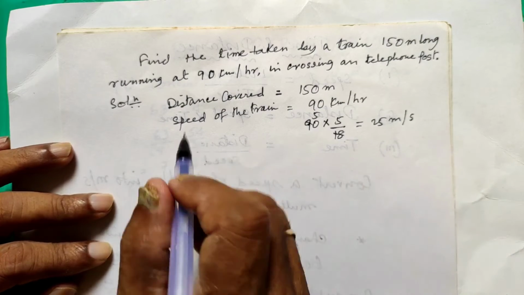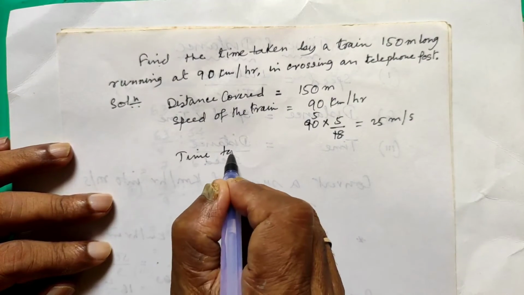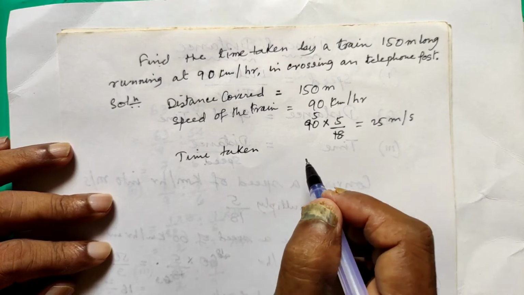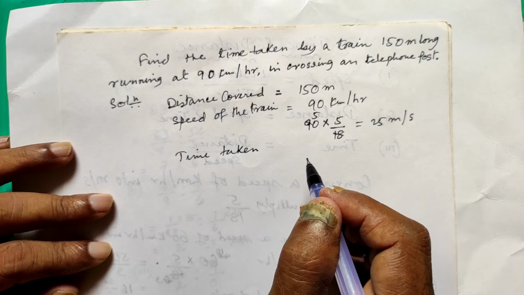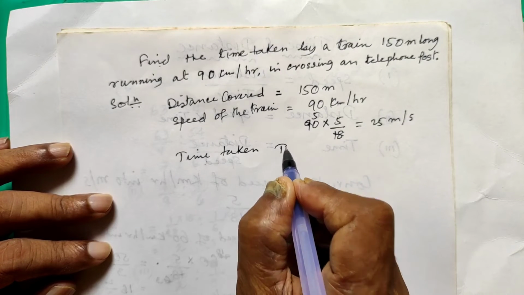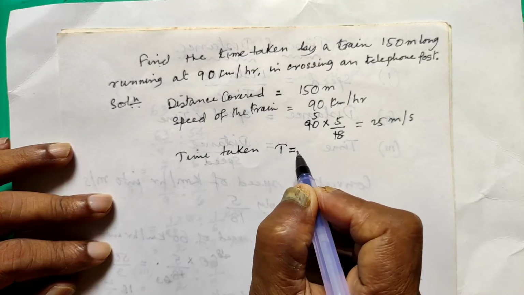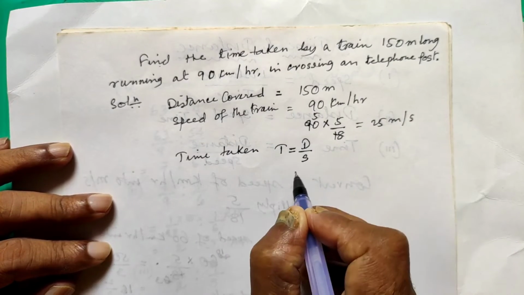So, time taken over here they want time. Okay. Time taken, there is a special formula I told you in the beginning. What is the formula? The formula is time equals distance by speed.